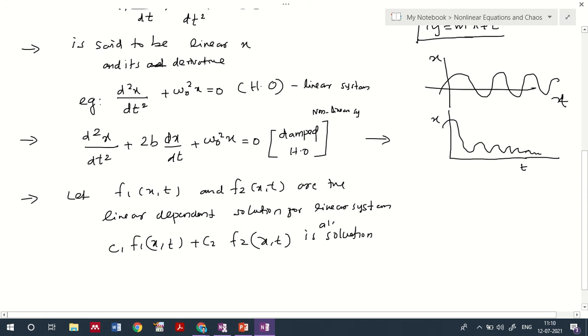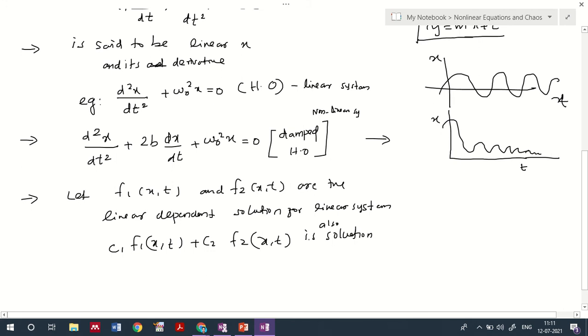It's also a solution if you have a linear system with linearly independent solutions f1(x(t)) and f2(x(t)). Then, with c1 and c2 as two constants, c1 f1(x(t)) plus c2 f2(x(t)) is also a solution of that linear system.